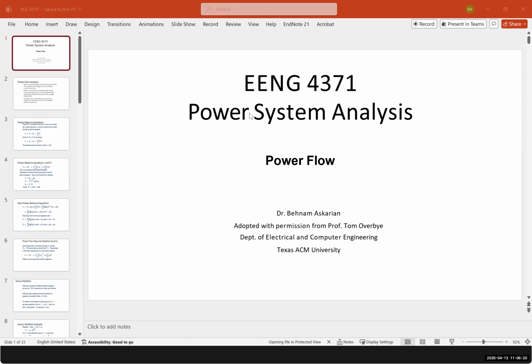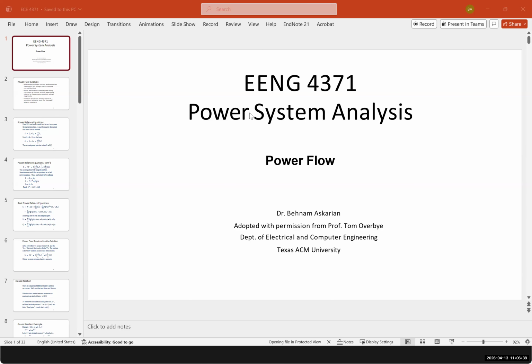In the previous class, we concluded transformers, different types of transformers, and also we started with admittance and power flow, and how we measure admittance, which is a big part of how we calculate power flow as well.